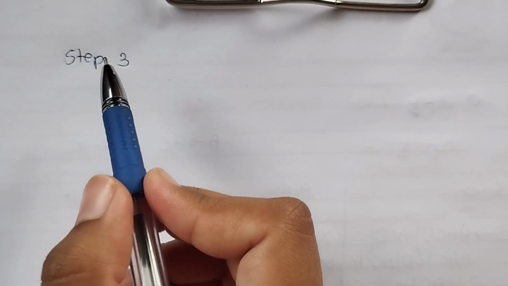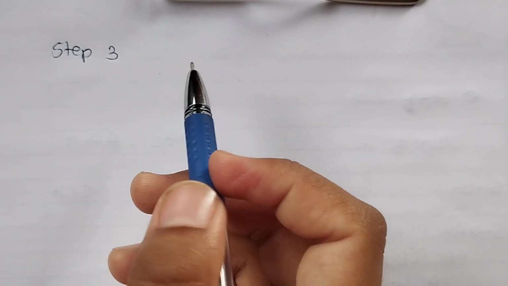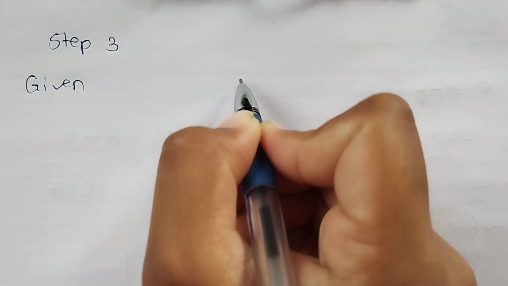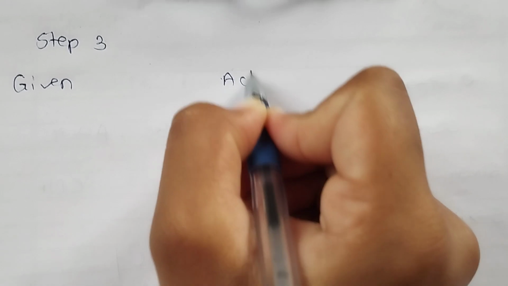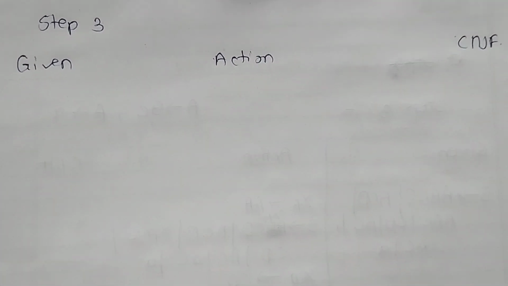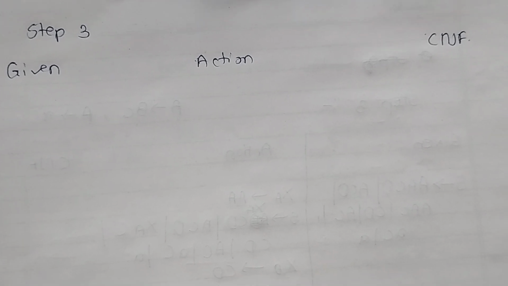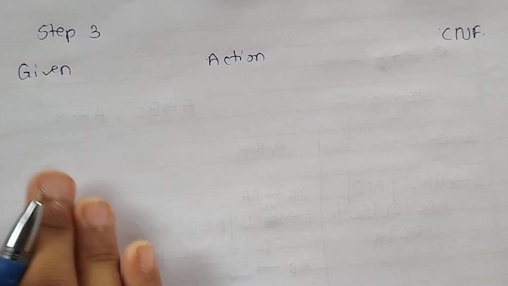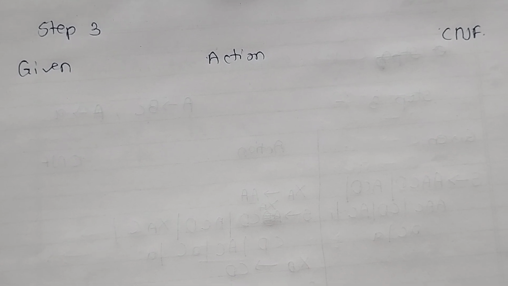Now we perform step number 3 on our step number 2 result. For that we draw one table. Here we write given, here we write action, and final CNF. If you do not draw the table, that is also okay, but if we draw the table, then it is simple to understand which action we perform. So in the given part we write all the productions of step number 2.